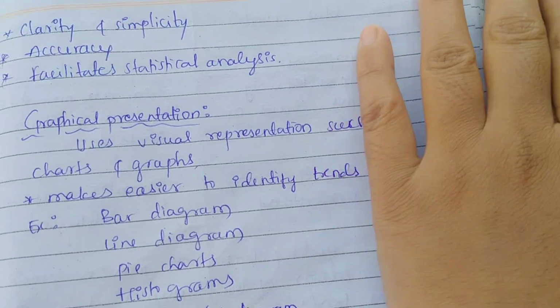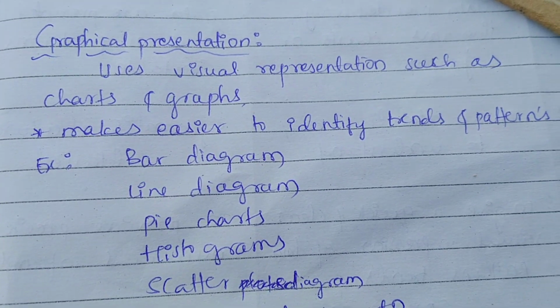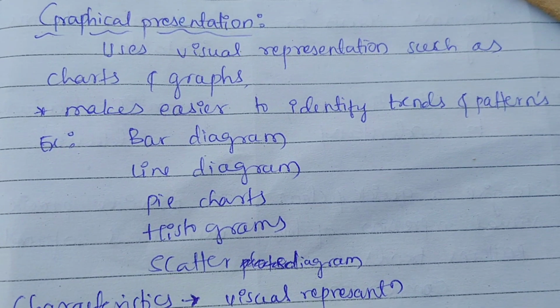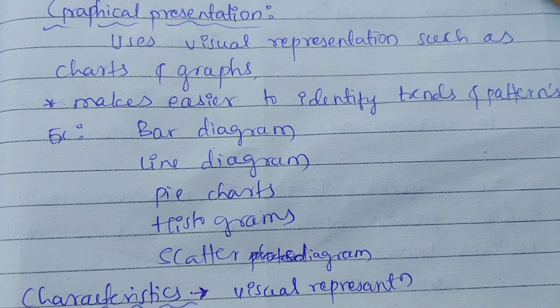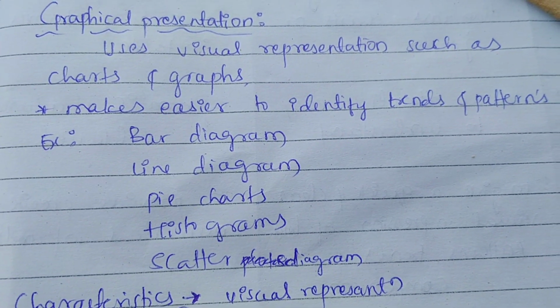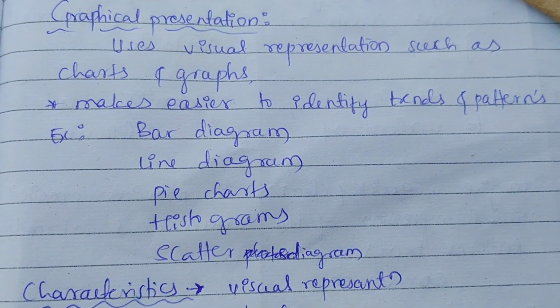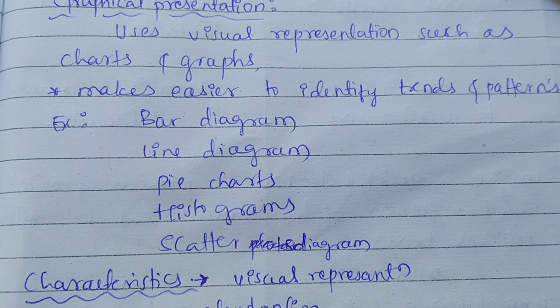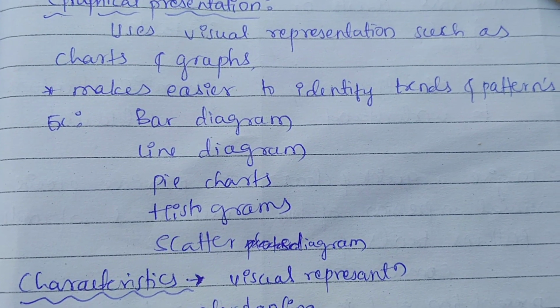Next, graphical presentation uses visual representation such as charts and graphs, making it easier to identify trends and patterns of the data. Some types of graphical presentation are bar diagram, line diagram, pie charts, histograms, and scatter diagrams.